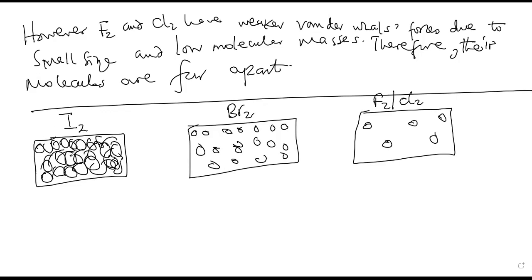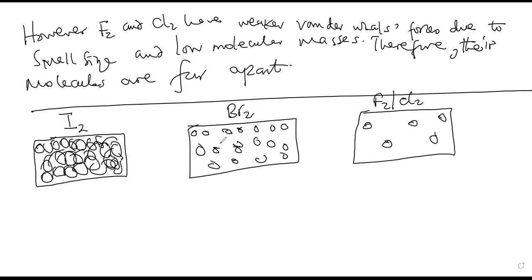So what makes iodine a solid is its high molecular mass and molecular size, which increases the forces of attraction holding the particles together, which we've called the van der Waals forces of attraction. But for bromine, because of its moderate, or somehow higher, molecular mass, the forces of attraction are not as strong as the ones in iodine.